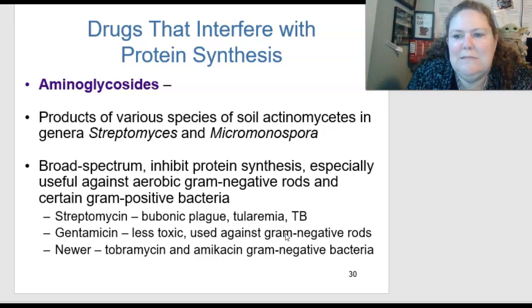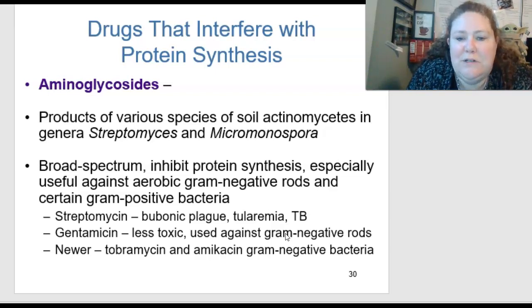Okay, mycetes. And so actinomycetes in the genera of Streptomyces and Micromonospora. And these are going to be broad spectrum. They inhibit protein synthesis, especially are useful in acting against aerobic gram-negative rods and certain gram-positive bacteria.